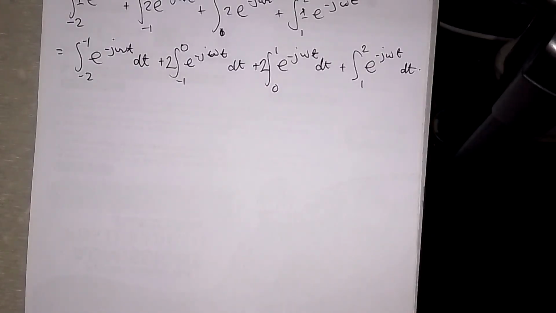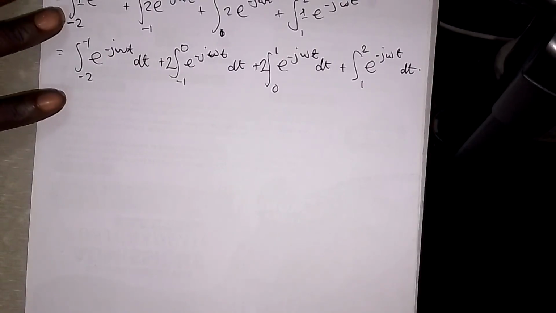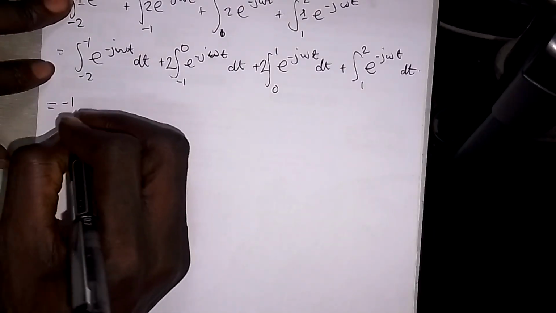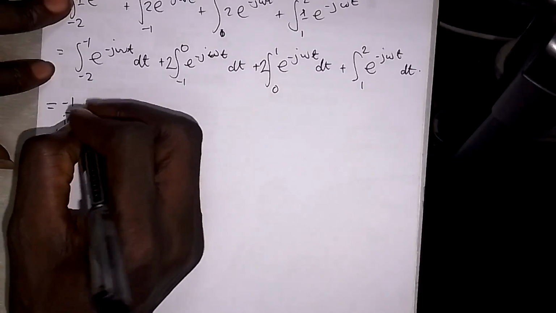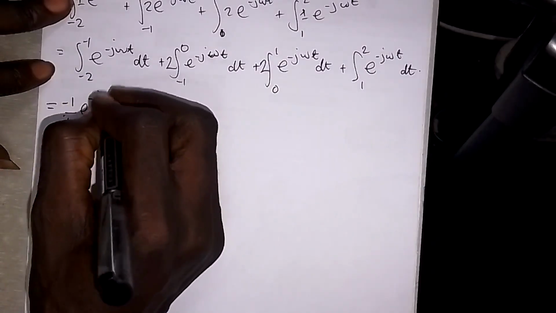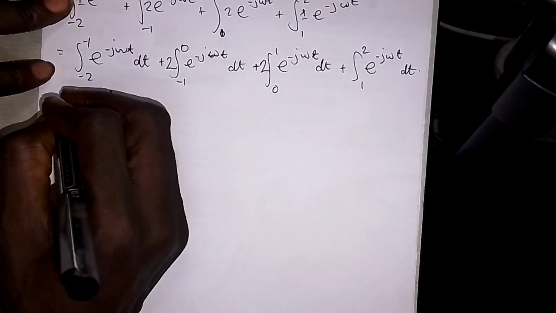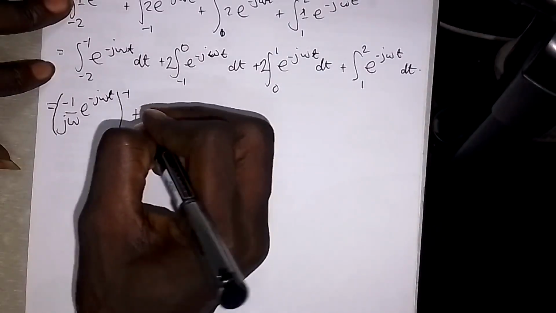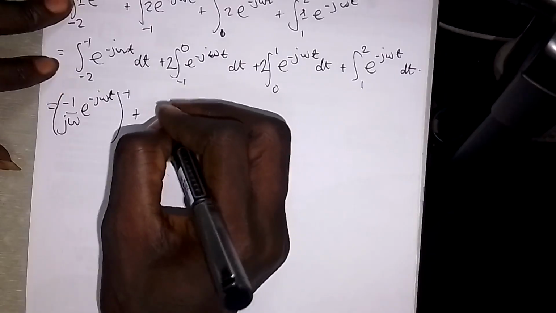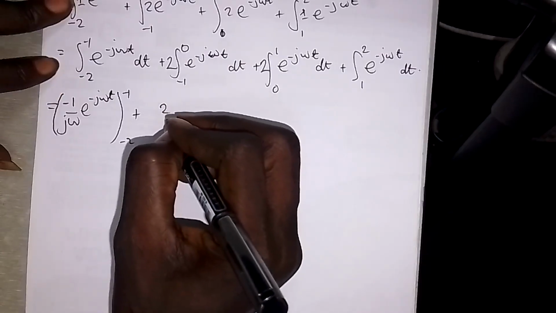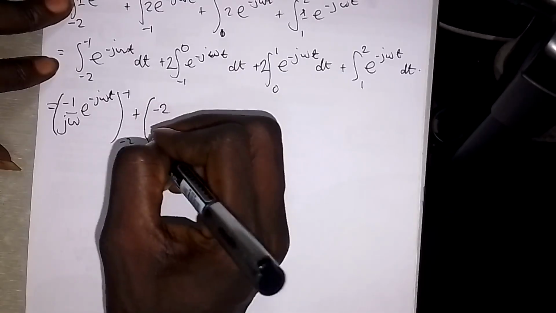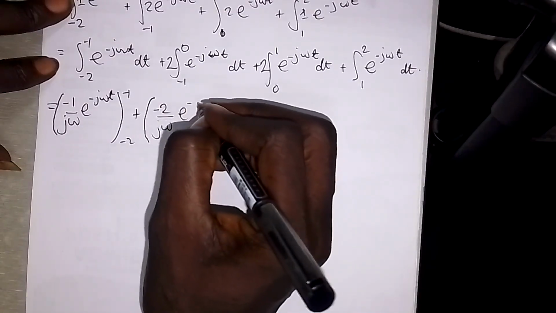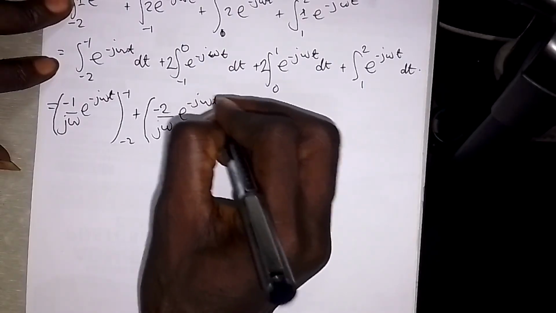If I do the integration, I'm going to have minus 1 over j omega e exponent minus j omega t, evaluated from -2 to -1, plus the next one, minus 2 over j omega times e exponent minus j omega t.